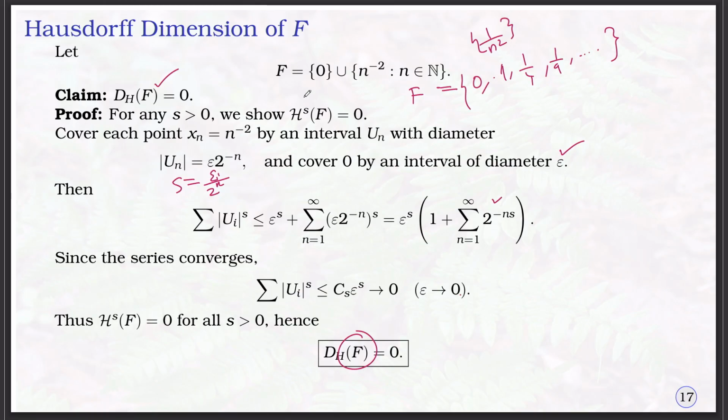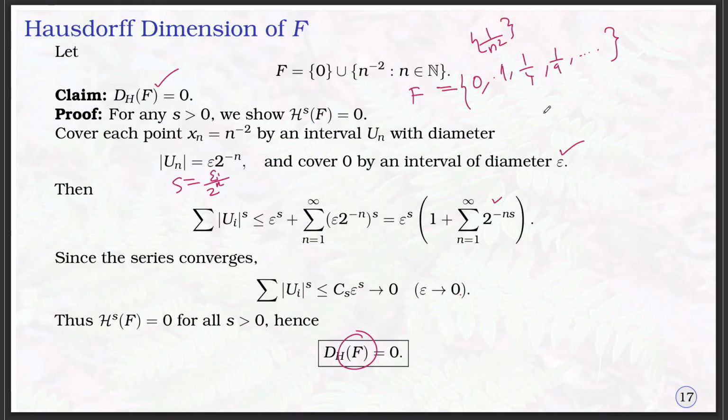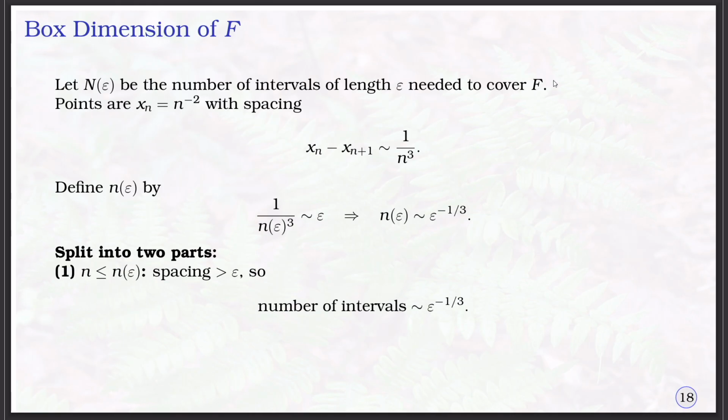Now for the same set F, let us try to find the box counting dimension of F. Let N(epsilon) be the number of intervals of length delta needed to cover the set F, where F equals 0 union 1 by n square, where n belongs to the natural numbers. So the points are x_n equal to 1 by n square.